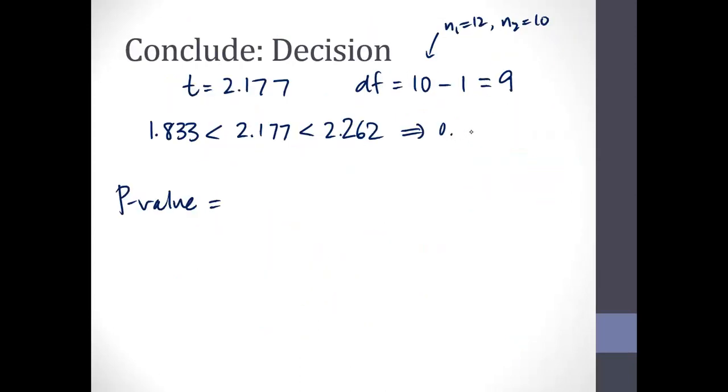So then my p-value is going to be between 0.025 and 0.05. My test statistic is sandwiched between the 1.833 and the 2.262, so I can trace that down to the one-sided test at the bottom of the table and find that my p-value is between 0.025 and 0.05.